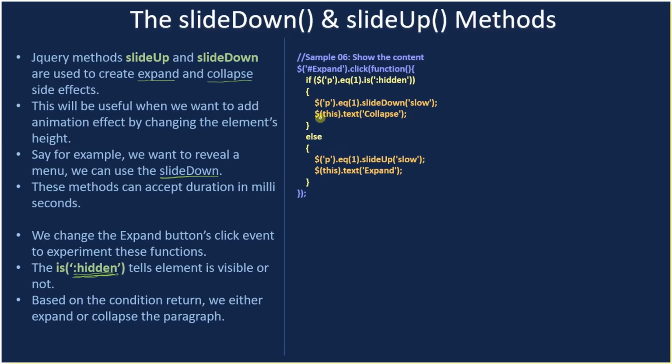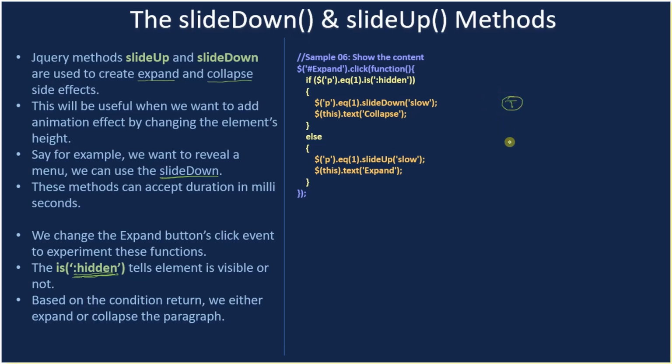And if you see, we use the second paragraph and make a call to slide down. And here we use the standard string slow, or you can use the timeout in milliseconds. That means duration in milliseconds. So when the element is hidden, we will come to the true part.